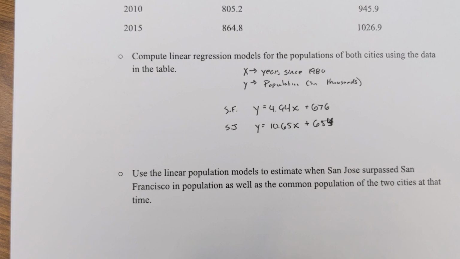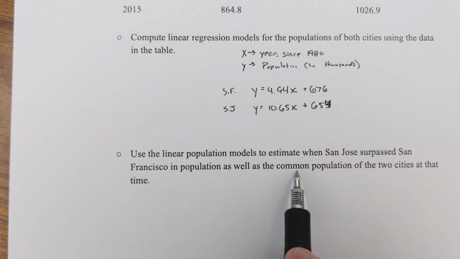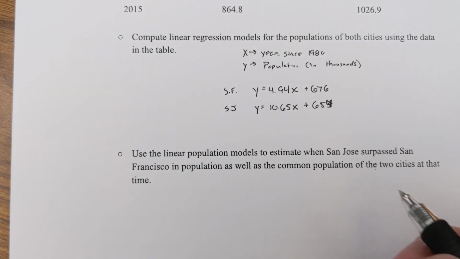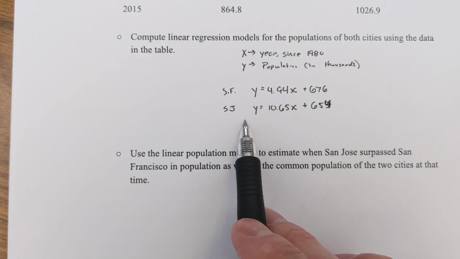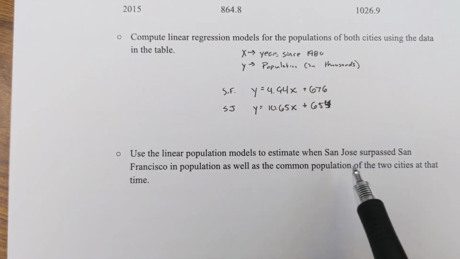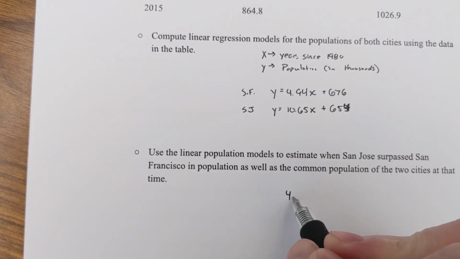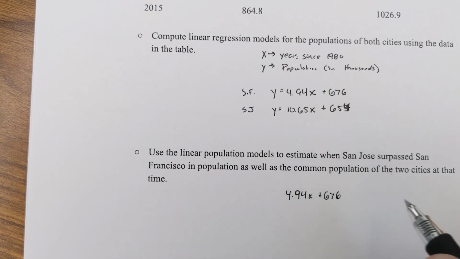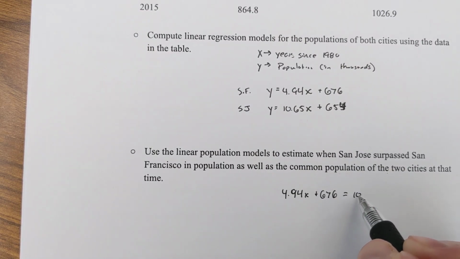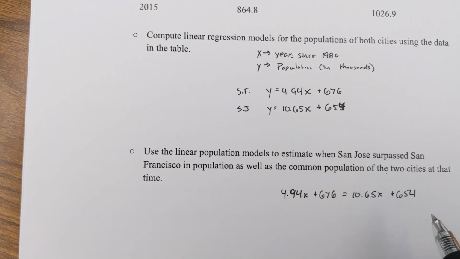So use the population models to determine when they surpass each other, that's where they're going to be equal, as well as the common population of the two cities at that time. So when is going to be the x, the population is going to be the y. When San Jose surpasses San Francisco, that means they're equal to each other. So I just set my two equations equal. 4.94x plus 676 is equal to 10.65x plus 654.